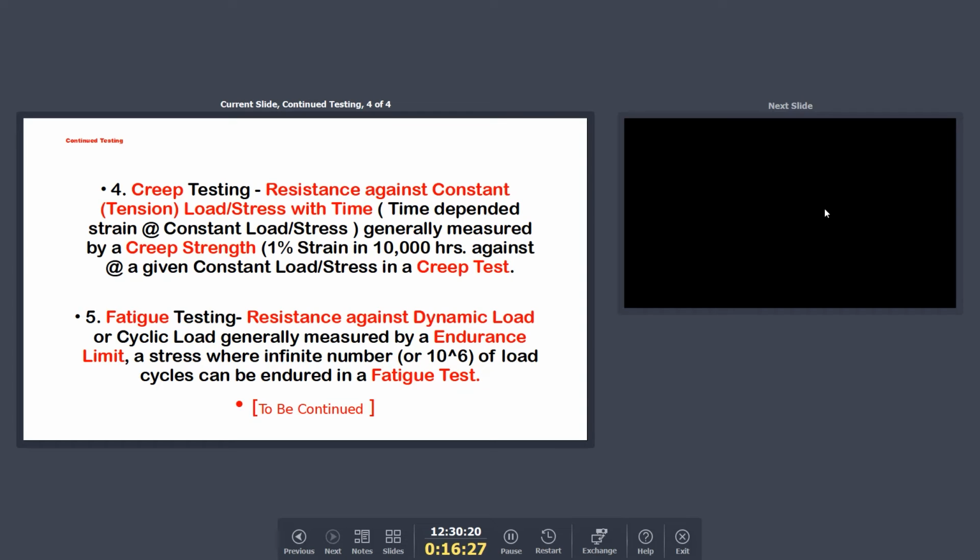Now it totally disrupts the mechanical systems and may lead to a failure. So whenever we are using a component in an aircraft, we must be aware of how much creep resistance the material has.